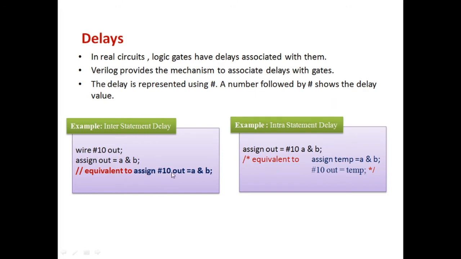So this hash and a number represents a delay. Here we can see that the delay is present to the left hand side of the assignment operator. We call it an inter assignment delay, and if the delay is present on the right side of the assignment operator, we call it an intra assignment delay. Let us discuss this in brief.